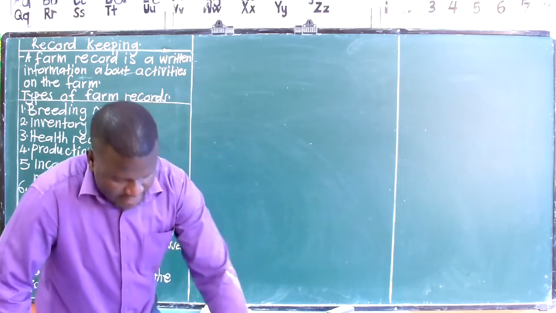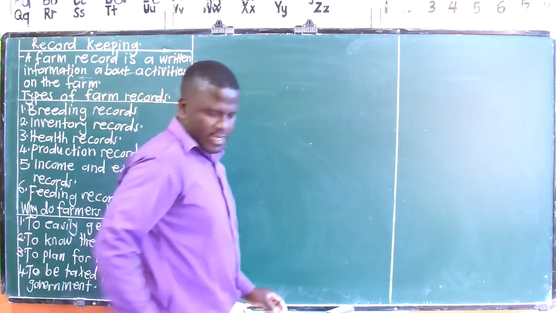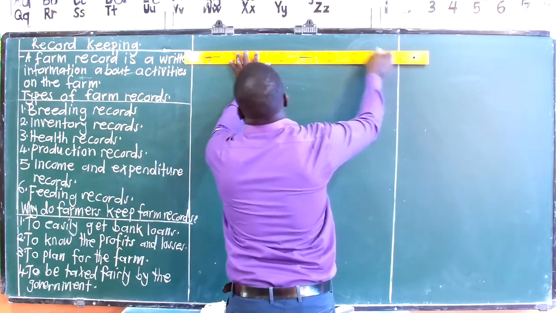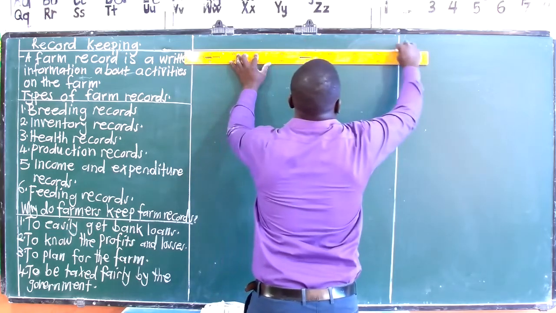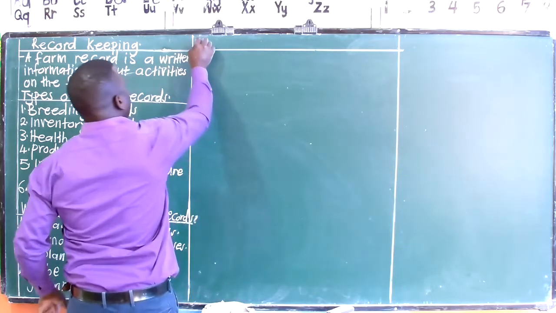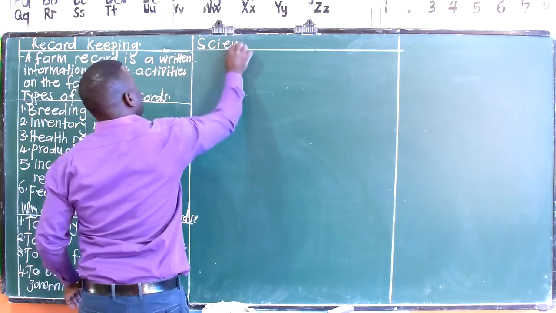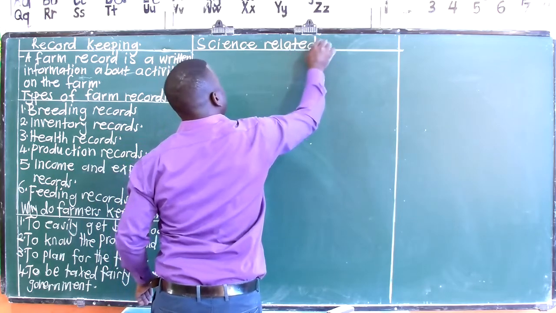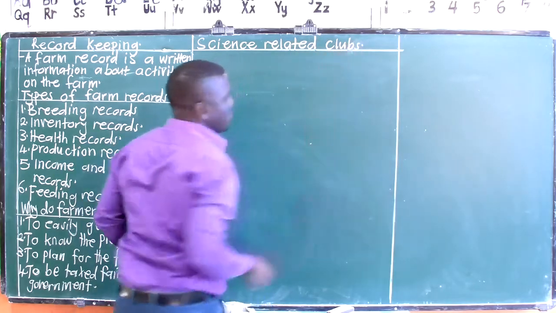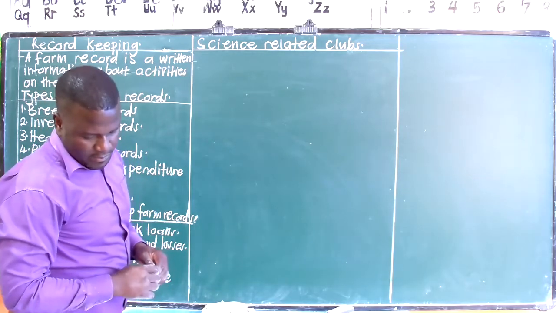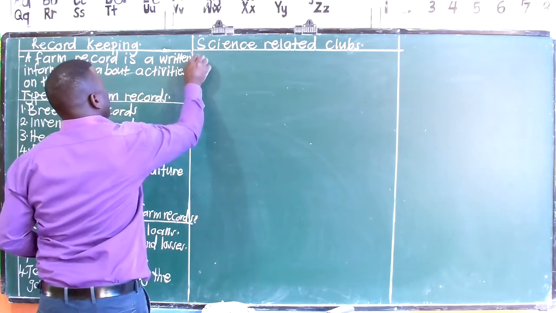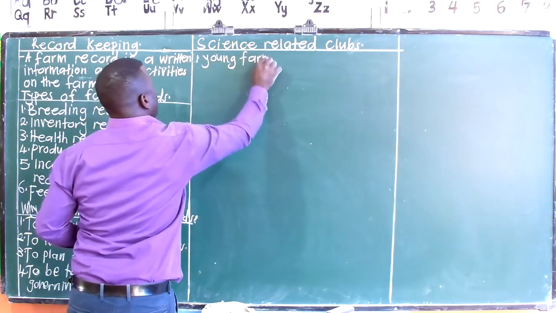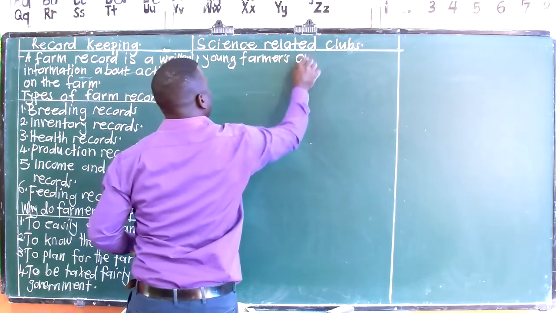Then we look at science-related clubs. Examples of science-related clubs in schools. One, we have the Young Farmers Club.